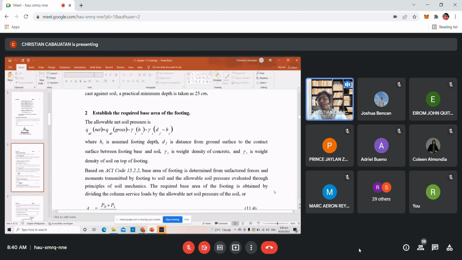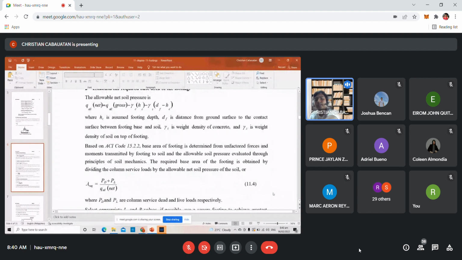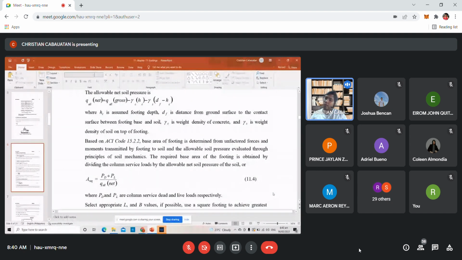Okay? So, to get the area that was required, it could be derived as the dead load plus the load from the live load over the allowable soil bearing, net.